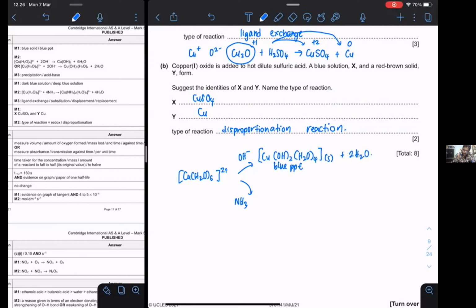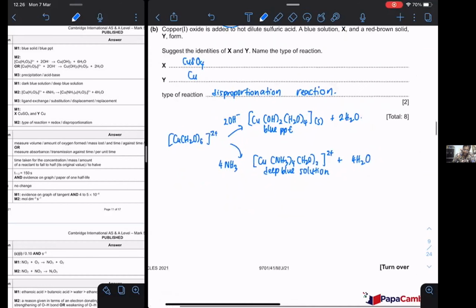With ammonia, you are going to have Cu(NH3)4(H2O)2, which is still 2 plus, plus 4 moles of water, so this is going to be a deep blue solution, not precipitate. This is the summary of this equation.